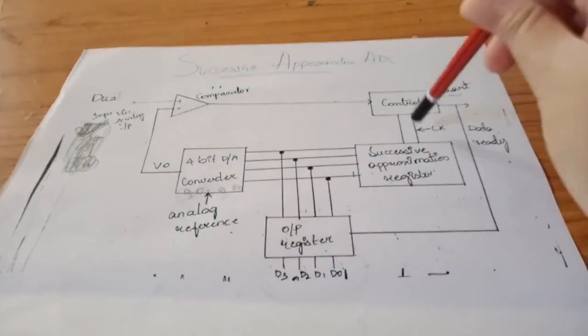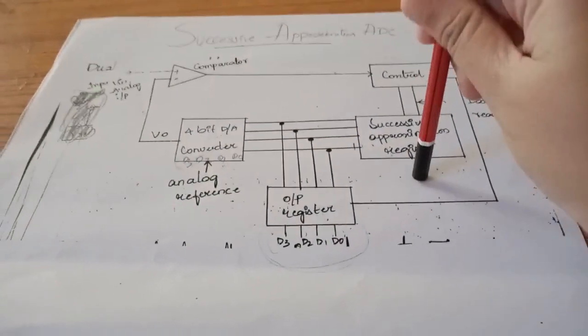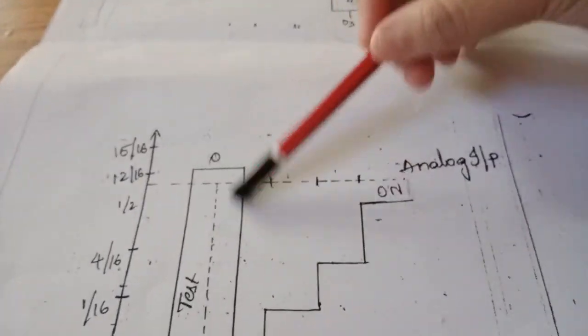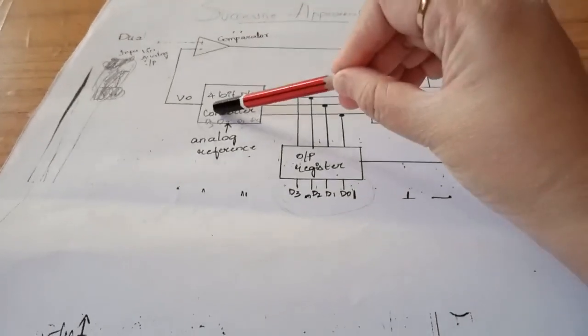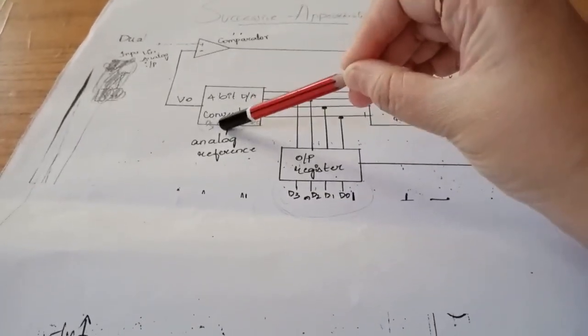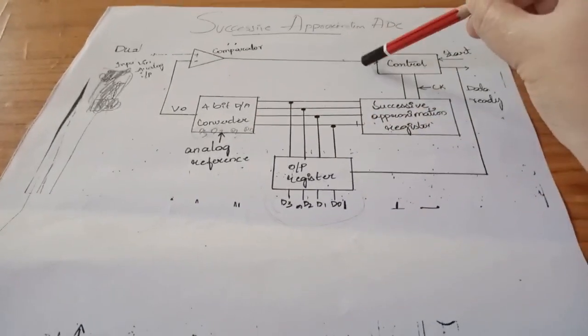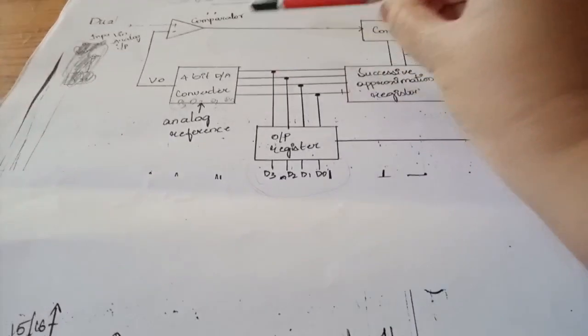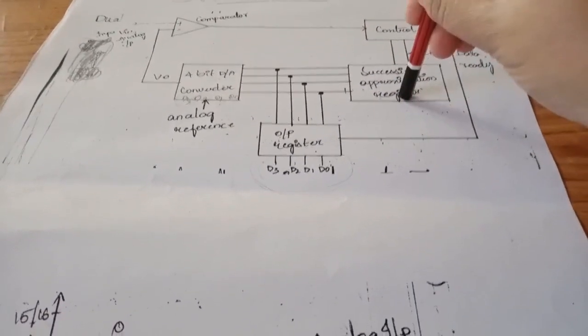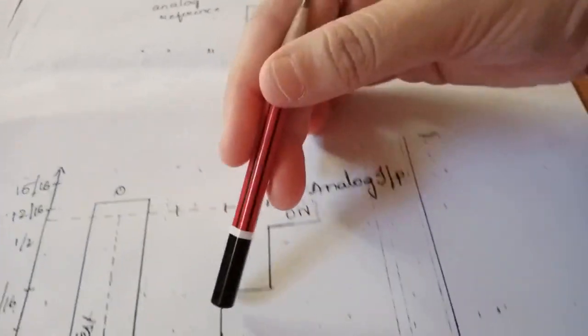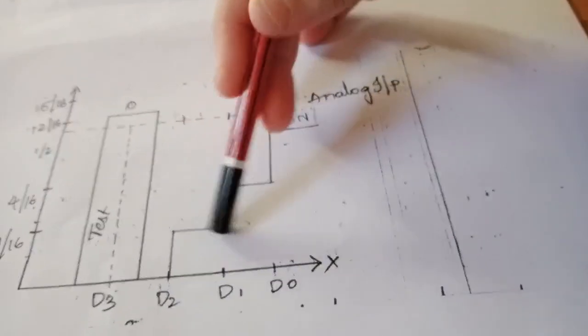After comparing, it will pass to the control logic. In control logic, it will find that no, the approximation signal is almost 0. So this D3 will turn off and D2 will be on. Again D2 will be compared with analog. After comparing, it will pass to control logic. Again the control logic will see no, this is also high, this much gap only.